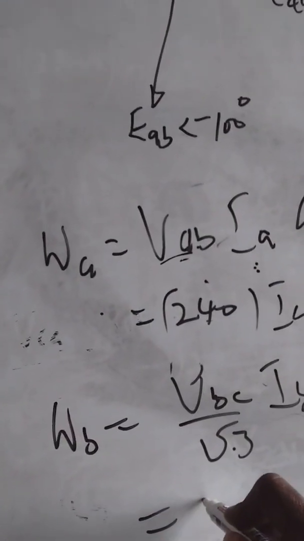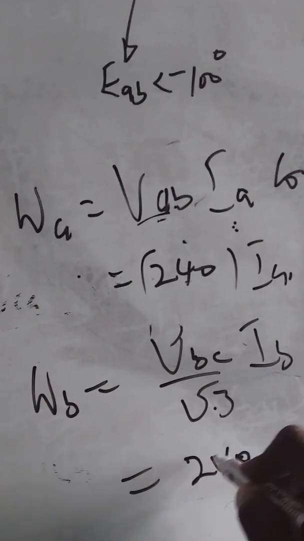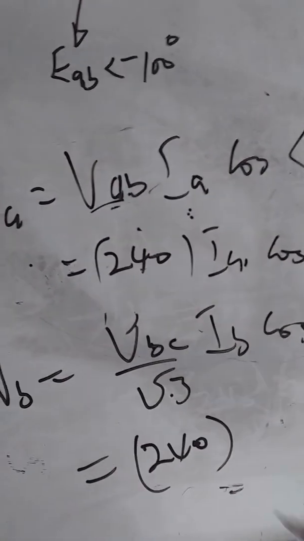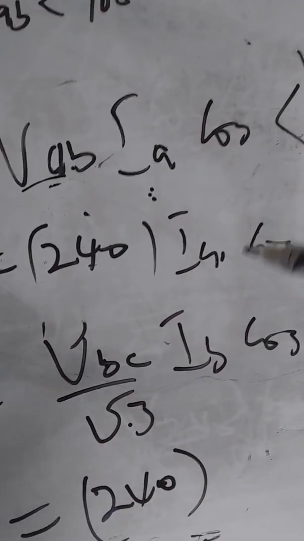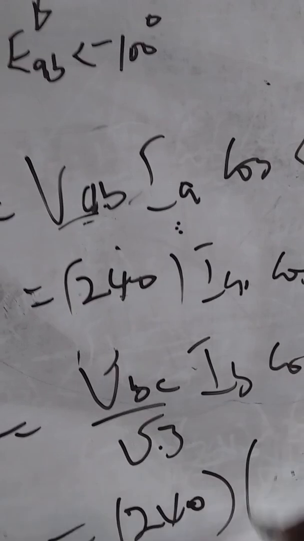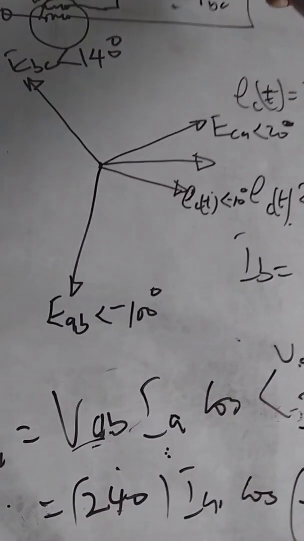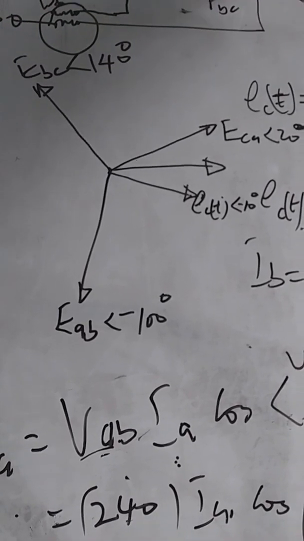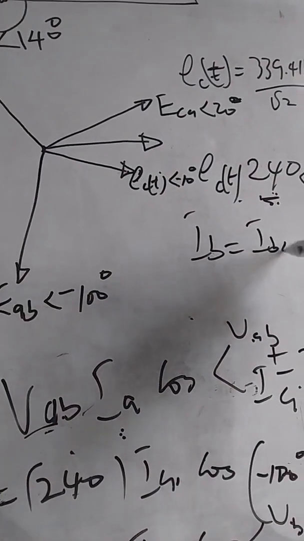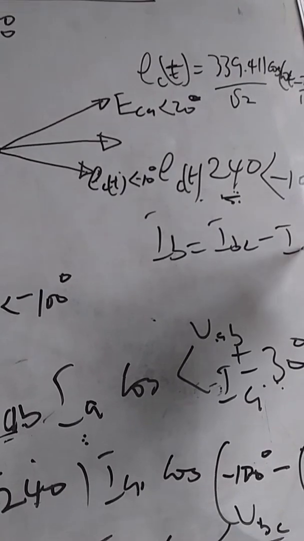That means it still comes back to 240. You understand? 240 volts. So when you have 240 volts, you now multiply by your IB. Your IB that you are going to find from here, which is equal to IBC minus IAB.